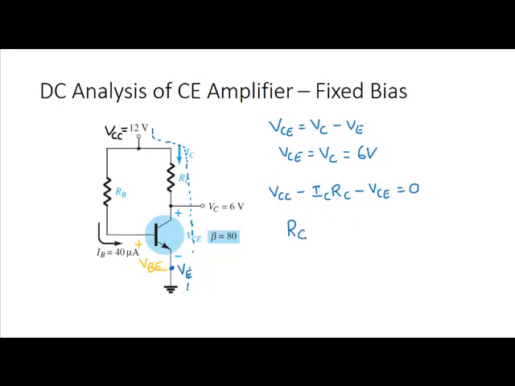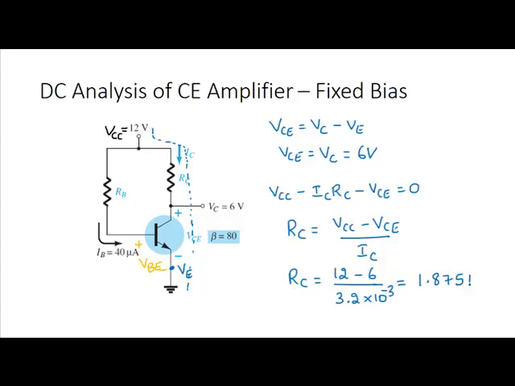So I'll rearrange the term to calculate RC, which is equal to VCC minus VCE divided by IC. IC we calculated in the previous step. So plugging in all the values, we get 12 minus 6 divided by IC, which is equal to 3.2 milliampere. So let me substitute all the values here. This gives me a value of 1.875 kilo ohm for RC.